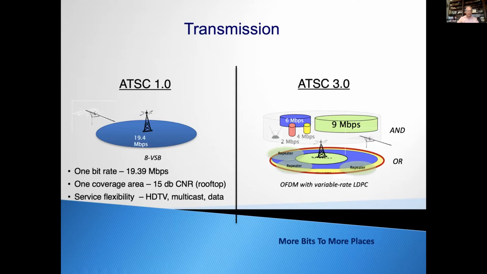Again, choices. They're going to turn out to be a really big deal for us. Again, on the bottom, you can see it says more bits to more places. You have multiple simultaneous bit pipes. That's the PLPs. Different choices for different broadcast services: the physical layer pipes, the PLPs, time, layer division multiplexing, power, and even channel bonding, a big deal, which is another thing that we can talk about.